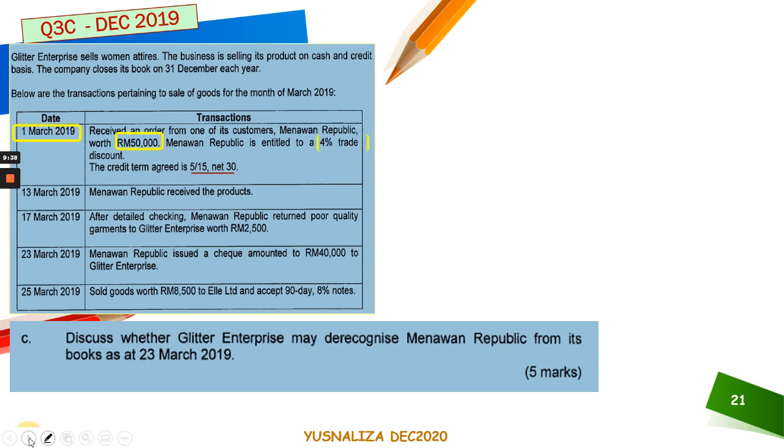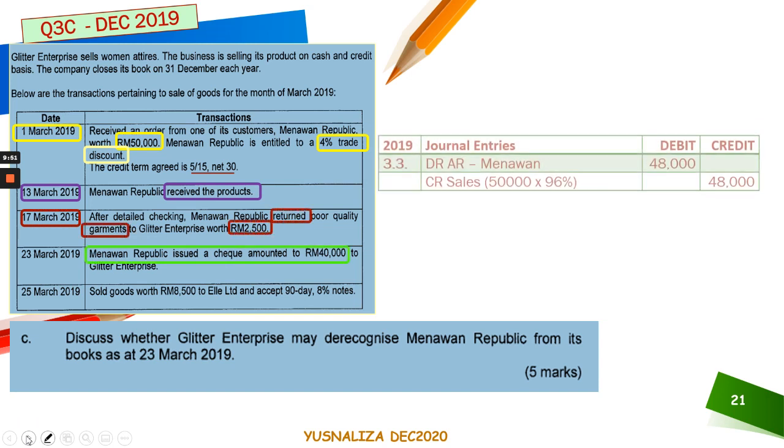Before you do that, let's look at the information. You can check it. These are the information on Menawan Republic that you may have to take into consideration. Maybe you can do a little journal entry.